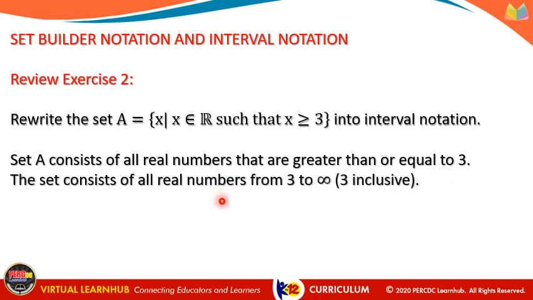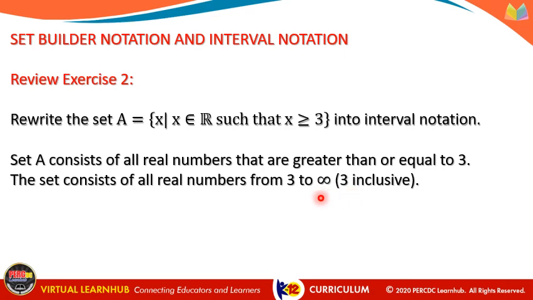Thus, the set consists of all real numbers from positive 3 to positive infinity, 3 being inclusive. Since sabi dito, or equal to 3, yung saktong 3, kasama na siya. Since alam na natin yung range, so the lowest is 3, the highest is, sabi na natin, infinity, we can now get our interval notation.